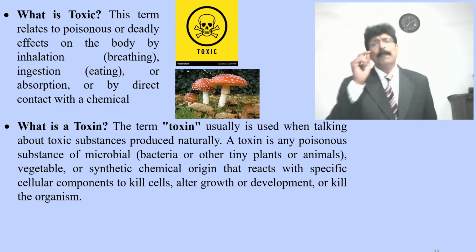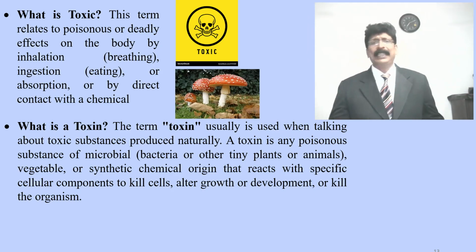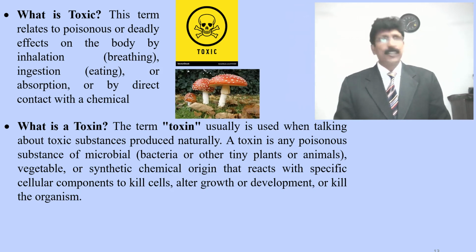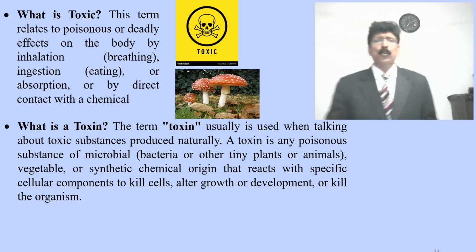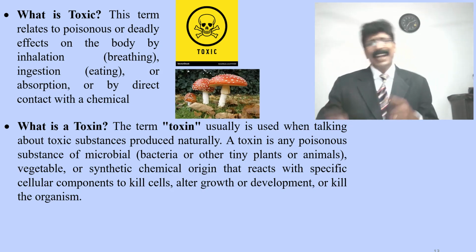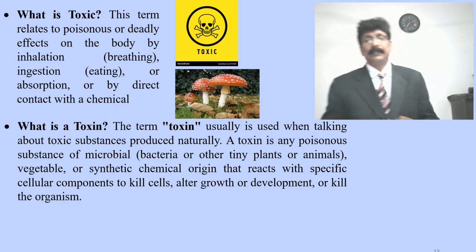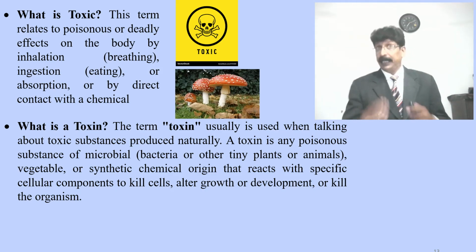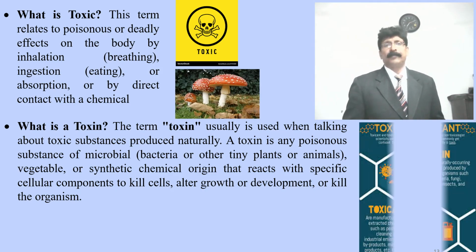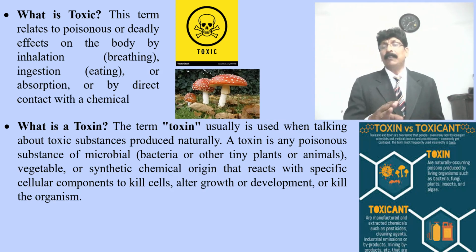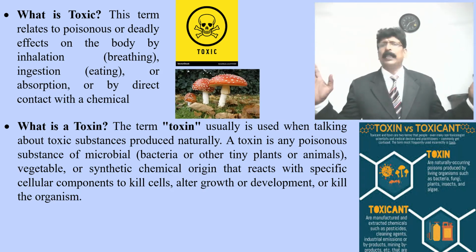A toxin is a poisonous substance of microbial, bacterial or other tiny plant or animal, vegetable, or even sometimes synthetic chemical origin, which reacts with specific cellular components and kills cells, alters growth-related activity or development, or kills the organism. So you can see toxin versus toxicant very clearly. Toxin means naturally occurring. Simply, the student can have an idea.